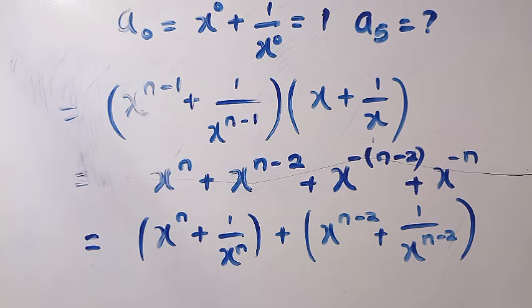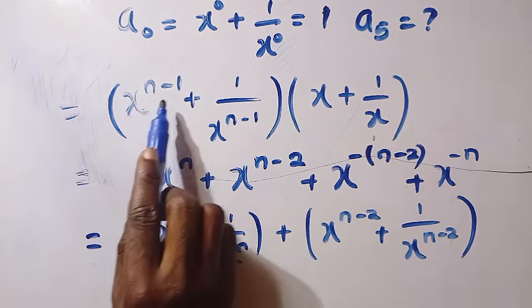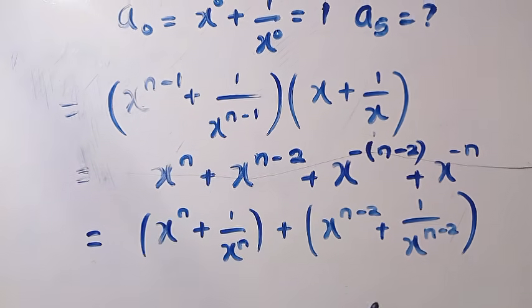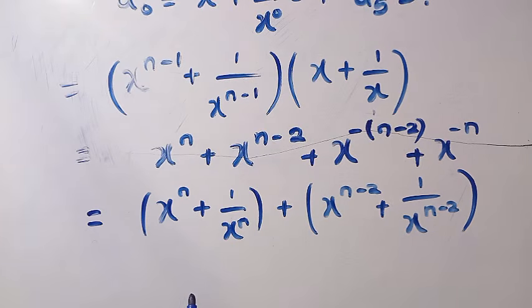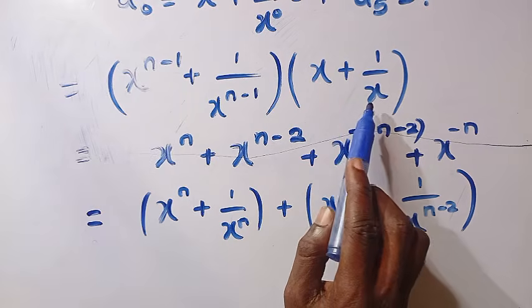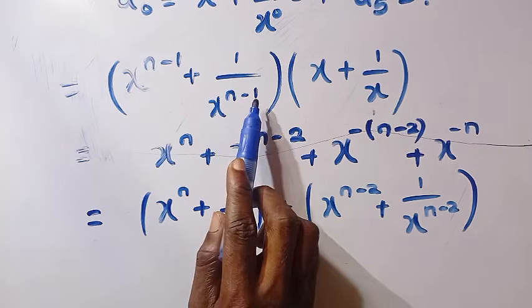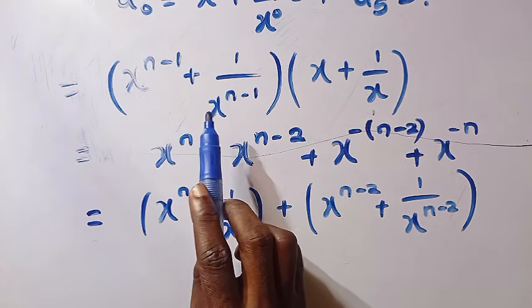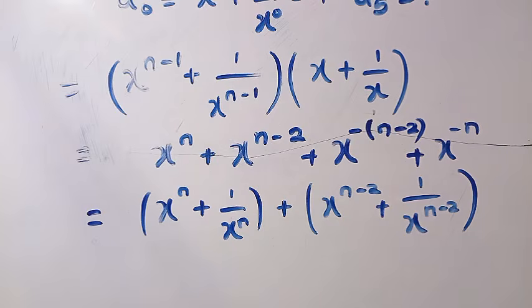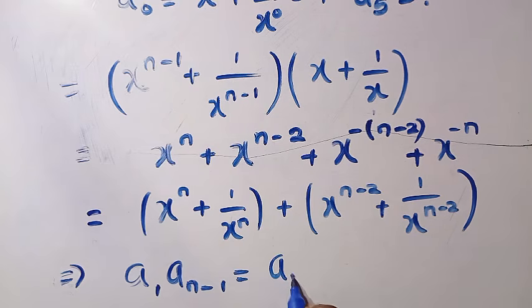We can call x raised to the power n minus 1 plus 1 over x raised to the power n minus 1 a subscript n minus 1, and x plus 1 over x is given as a1. So by combining this together, we have a1 multiplied by a_(n minus 1) equals a_n plus a_(n minus 2).